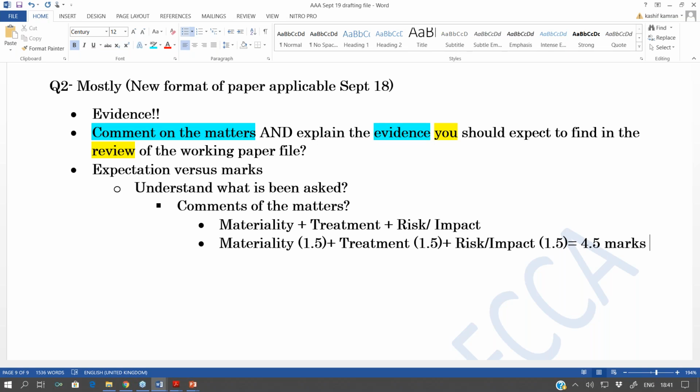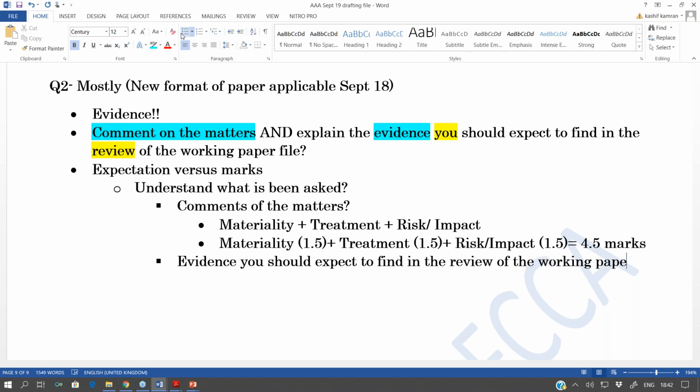Okay, the second requirement is evidence you should expect to find in the review of the working paper file. I normally tell students to imagine you are a manager across the 100 marks paper.